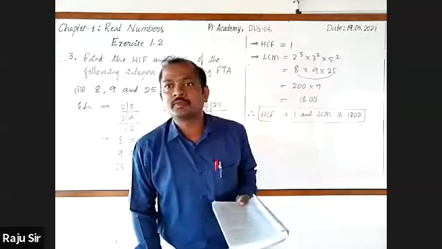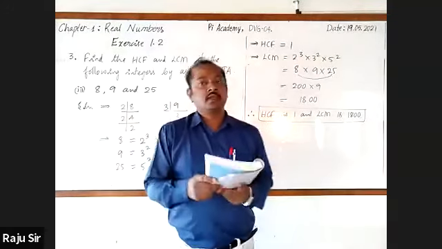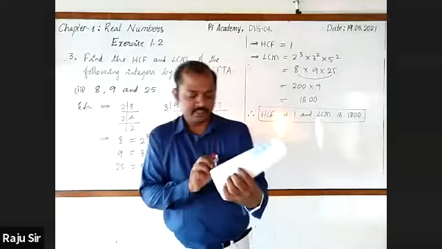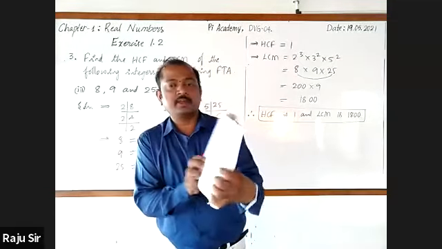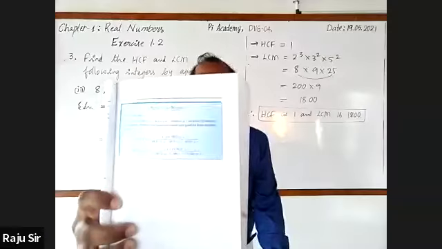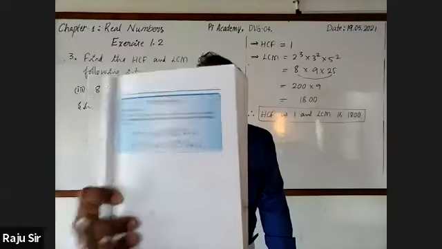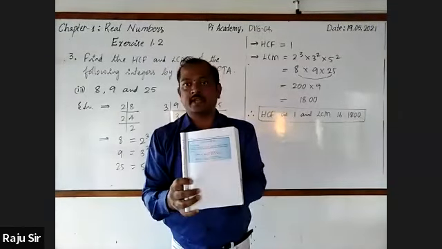Sir, if three numbers are given, how to verify? For that, they have given a statement in the textbook. I'll tell you at last in additional information. In the textbook, page number 90, they have given the relationship among three numbers and their HCF and LCM. This will be verified at last.